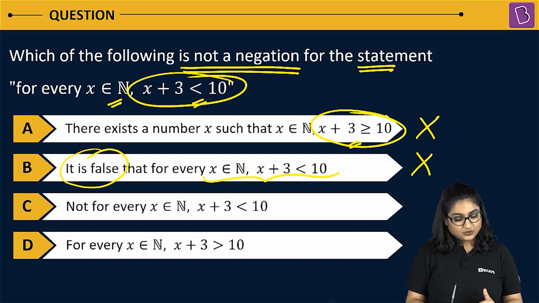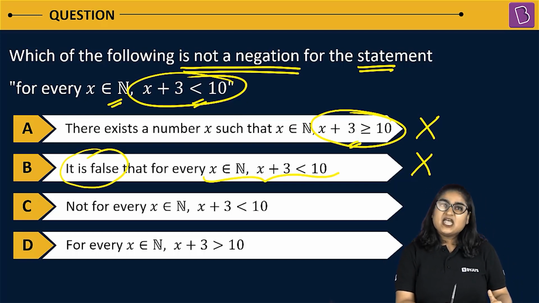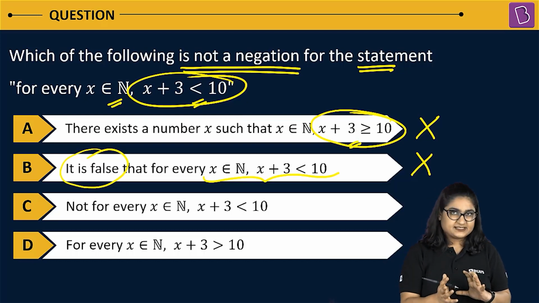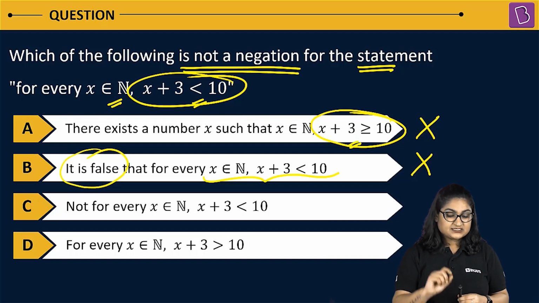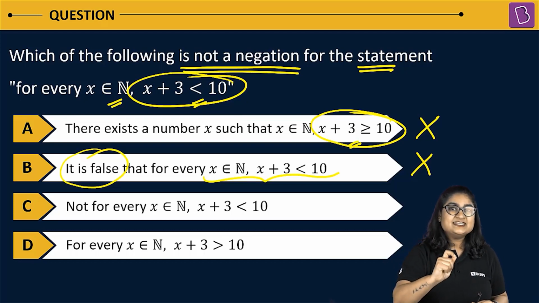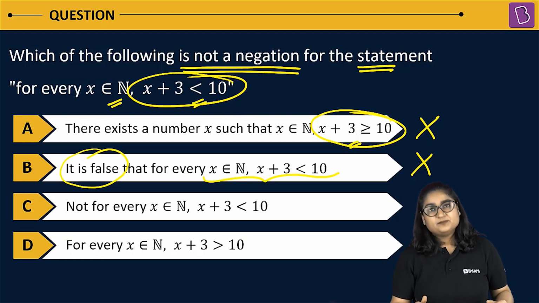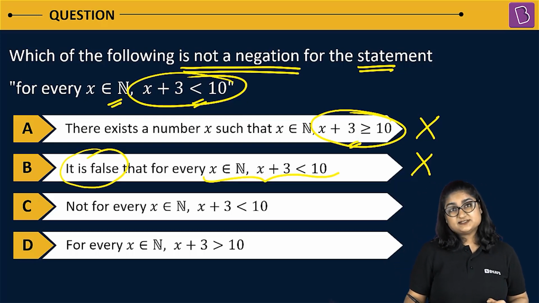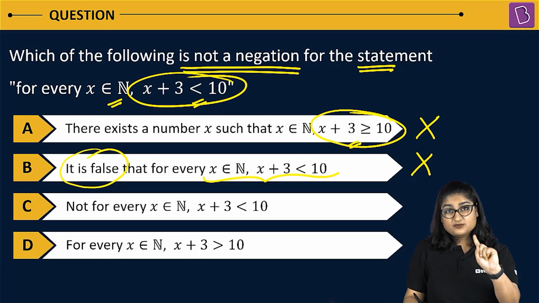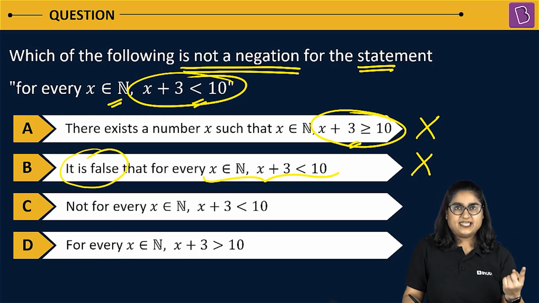Okay, now option C states that not for every x belonging to the set of natural numbers, x plus 3 is less than 10. It's another way of saying not for every x. Okay, that means not for every x is a negation of for every x belonging to the set of natural numbers, x plus 3 is less than 10, because here we are saying not for every x.